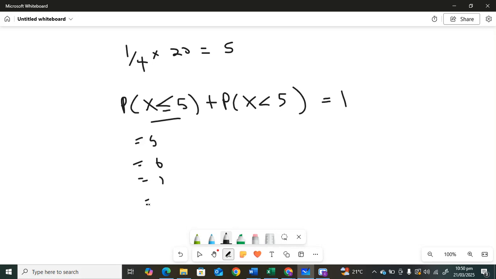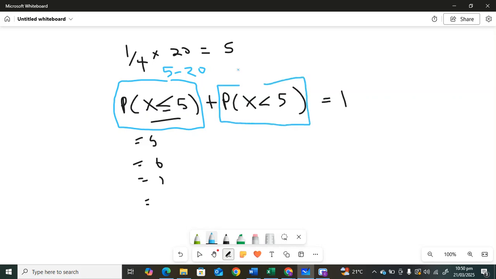But if you calculate that way, it will take you a very long time to calculate all those probabilities from 5 up to 20. So you can use the complement rule. This probability for at least five students covers from 5 to 20 students. This probability which I've put here covers from 0 to 4 students.